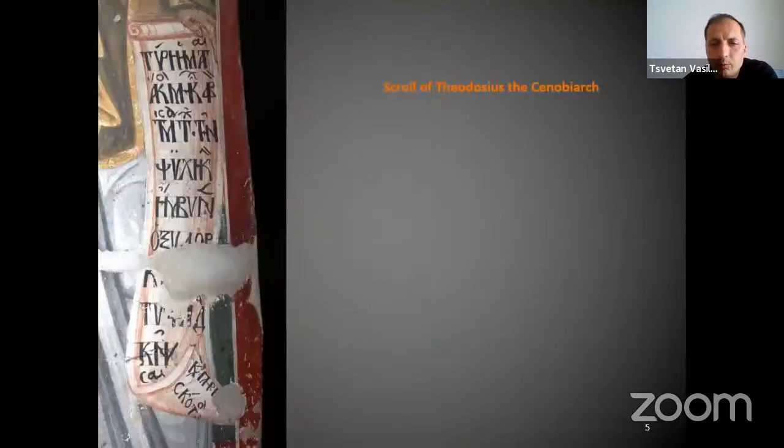Okay, I move to one other example. This is an inscription in a scroll of Theodosius the Cenobiarch. This is a saint from the 5th or 6th century, born in Cappadocia, and this is a difficult text for identification.